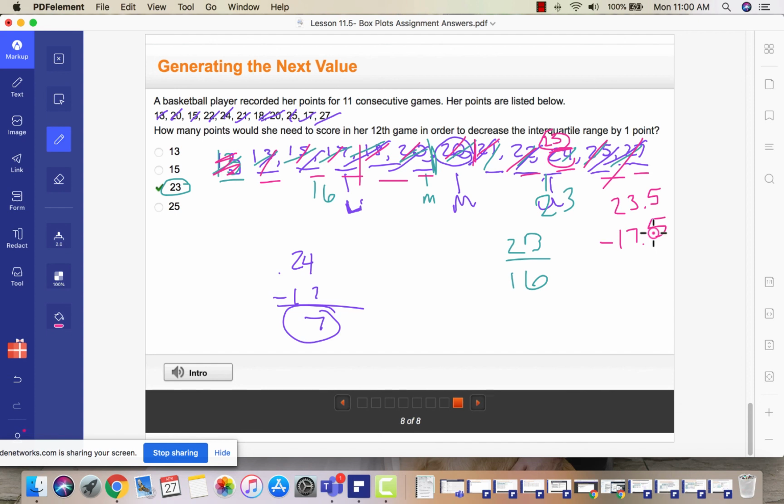And then 23.5 minus 17.5 gives us 6, which is 1 less than the interquartile range. So that is why 23 is the answer.